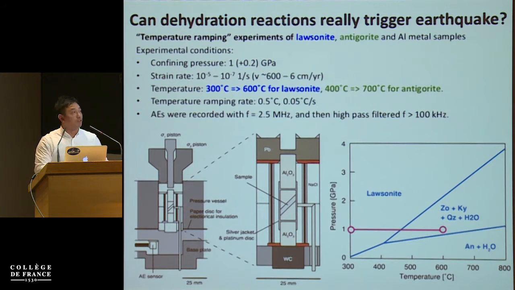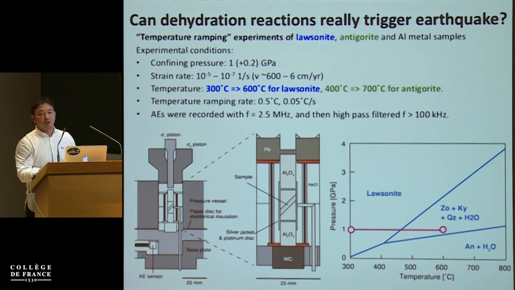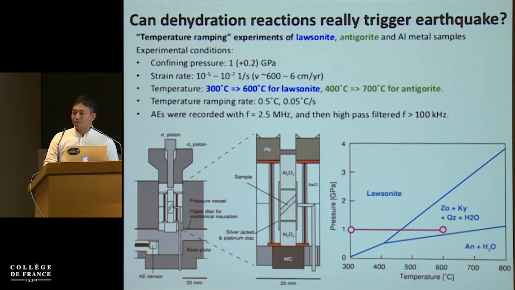But we calibrated by squeezing a very soft material, aluminum metal, under the same conditions. We changed the temperature the same way as in this experiment during aluminum deformation, because we use a solid pressure medium apparatus. This means we have so many solids that could crack during the experiment, especially during temperature ramping. So we calibrated using a very soft and ductile material to see how much noise we have, and how many acoustic emissions come from the real sample.